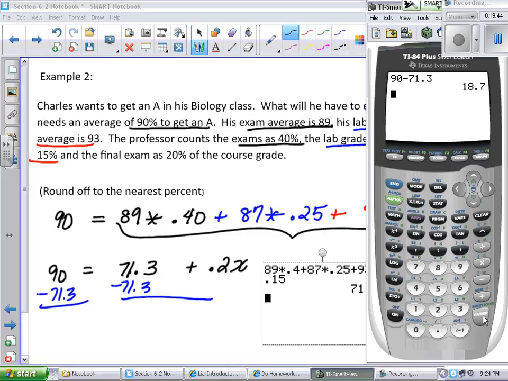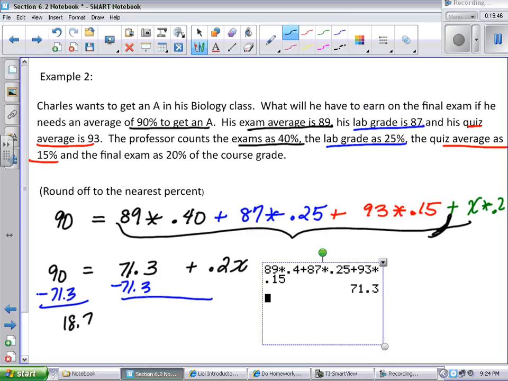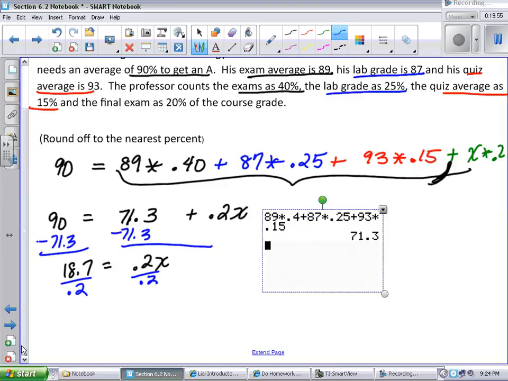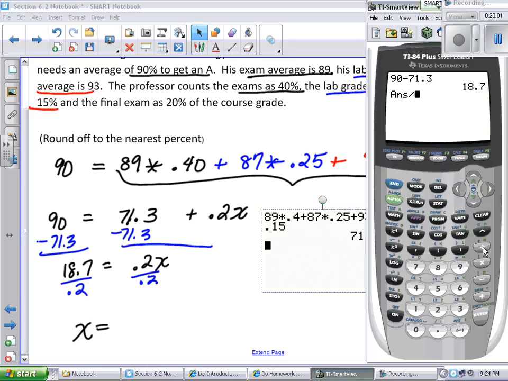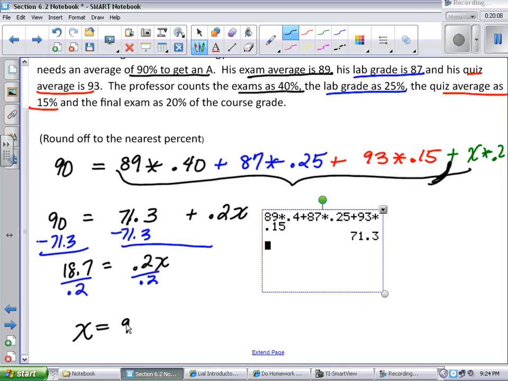So we get 18.7 equals 0.2x, and to solve for x, divide by 0.2. So our final answer, what does he need on the exam? We've got to divide by 0.2, and we get 93.5. So this student needs a 93.5 to get an A in that biology class.